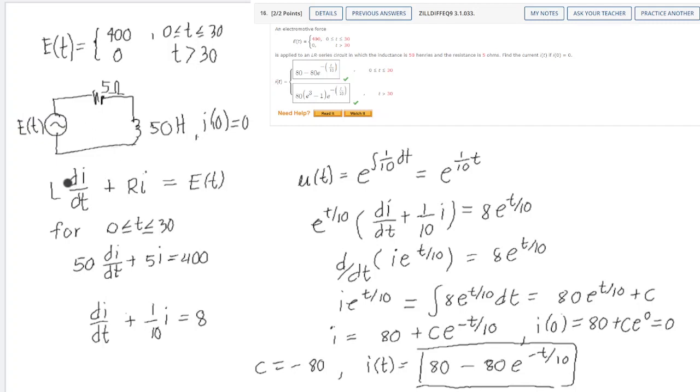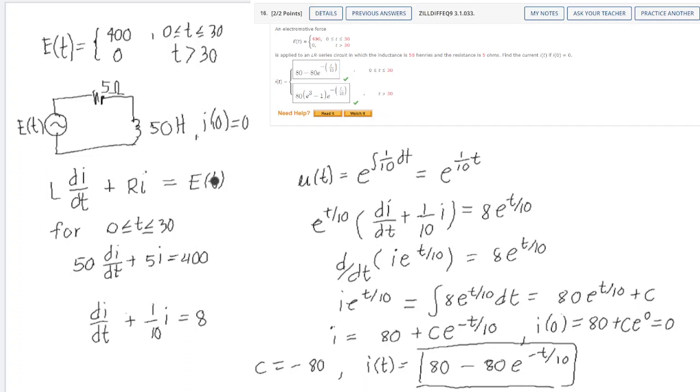Now, this is the voltage across the 50 Henry inductor, L dI/dt, and this is the voltage across the 5 ohm resistor, R I, with R being the resistance of the resistor, is equal to the electromotive force as a function of t.